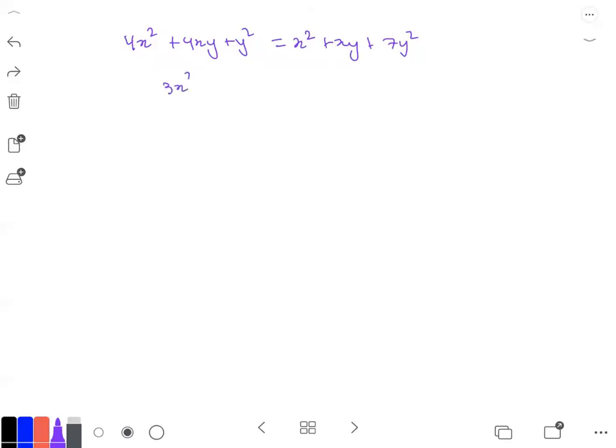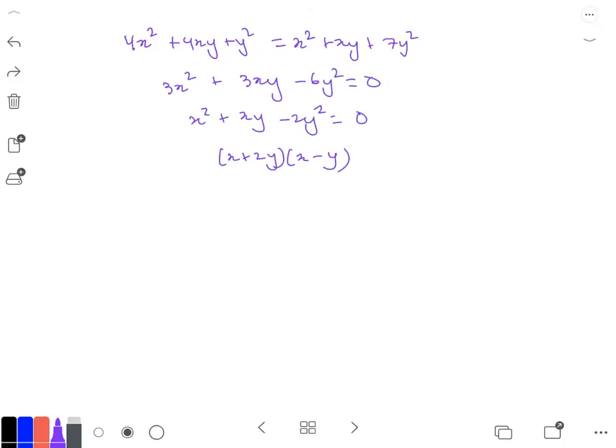Bring everything to one side. Divide by 3. And then factor. Okay, so this is kind of like a wishful thinking factorization.